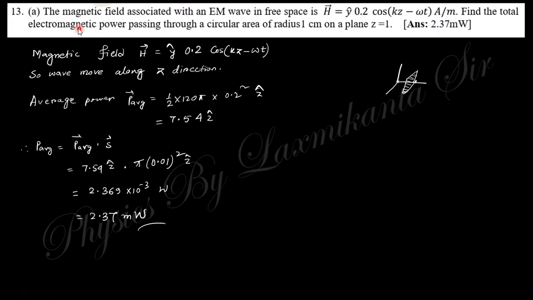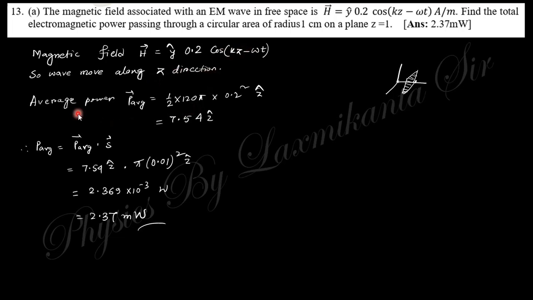Next, the magnetic field associated with the electromagnetic wave is like that. This is the given magnetic field. Find the total electromagnetic power passing through a circular area of radius 1 centimeter on the plane z equals 1. You can see the wave propagates along the z direction.